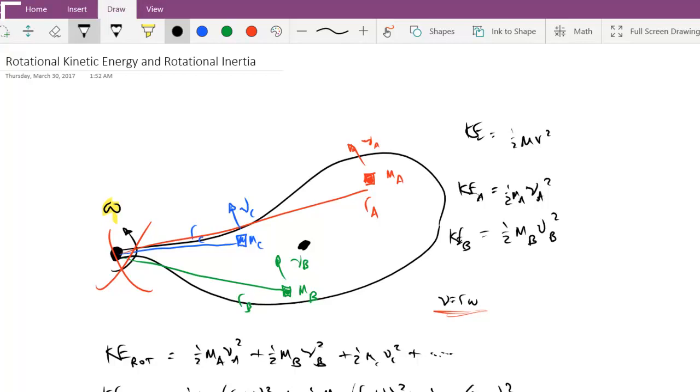So you have to be very careful about what point it's rotating around. If we're rotating around here, all of these r's are different, and a lot of them are smaller. So it actually has a smaller rotational inertia around this point than it does around this point.